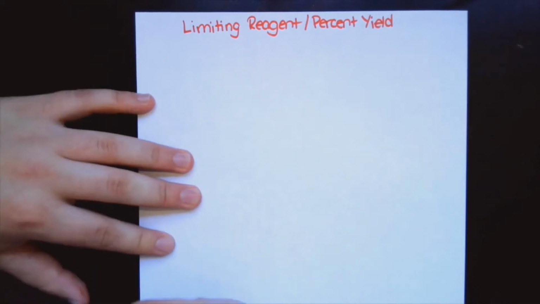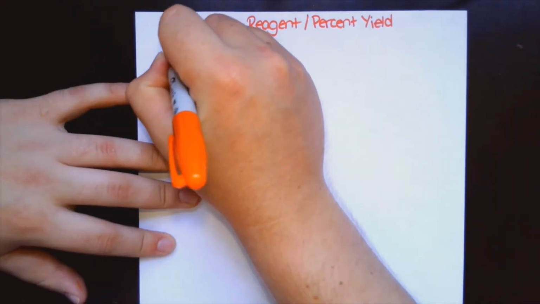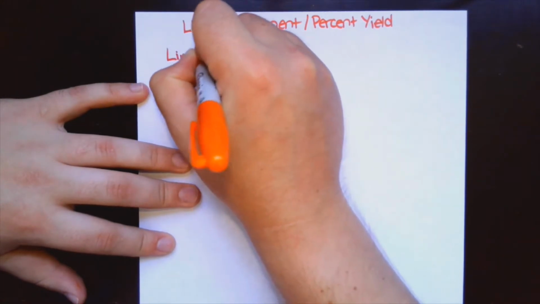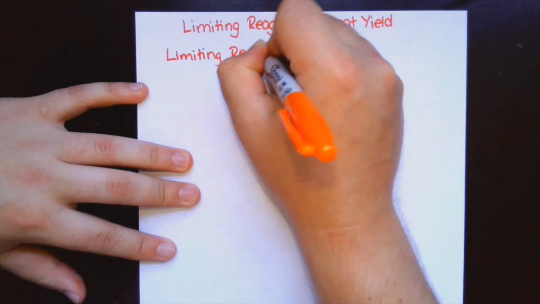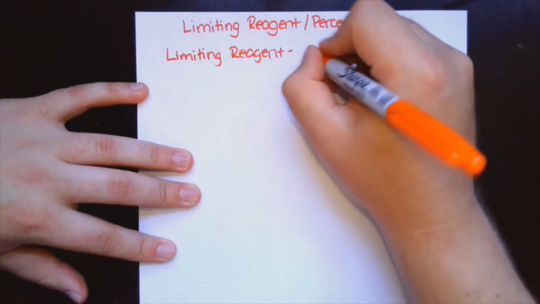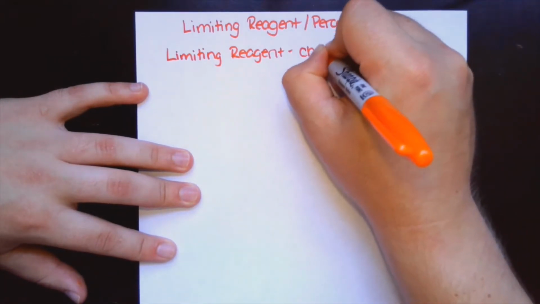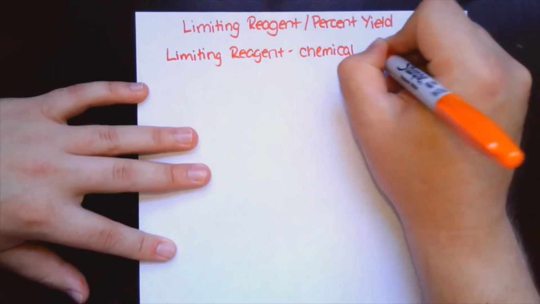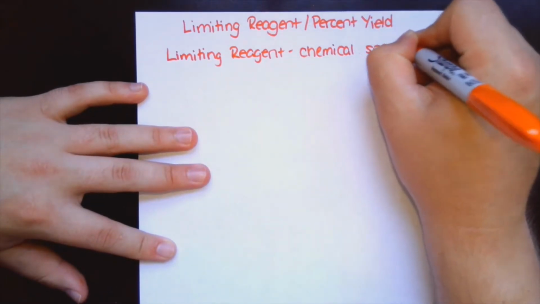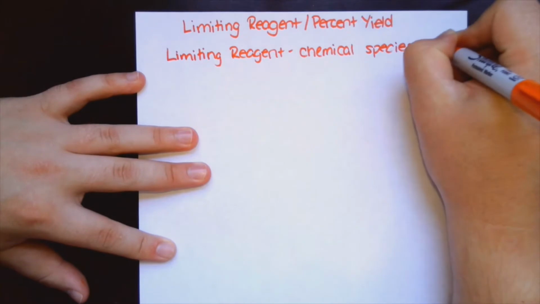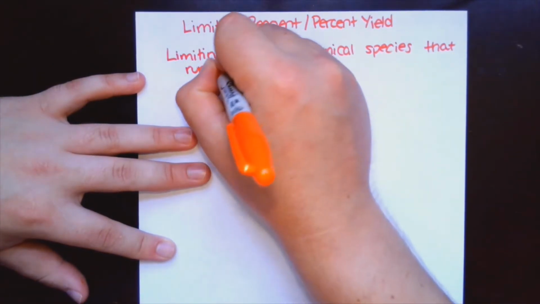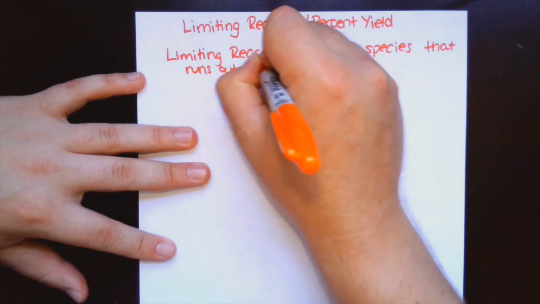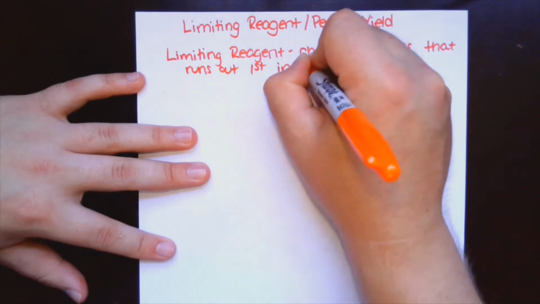So the limiting reagent is the chemical species that runs out first in a reaction.